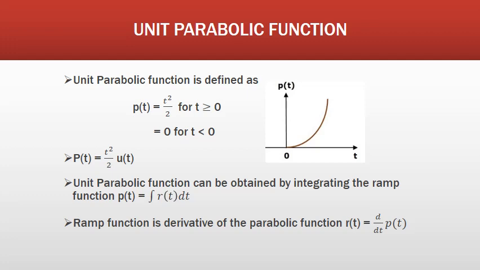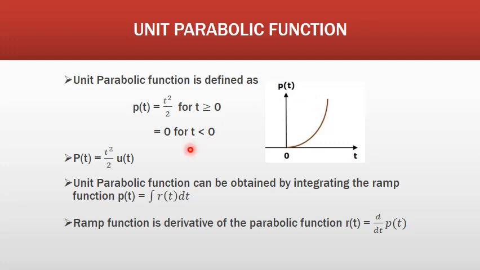Next signal is unit parabolic function. It is denoted by p of t and is defined as p of t is equal to t square by 2 for t greater than or equal to 0 and 0 for t less than 0. The figure shows the unit parabolic signal.